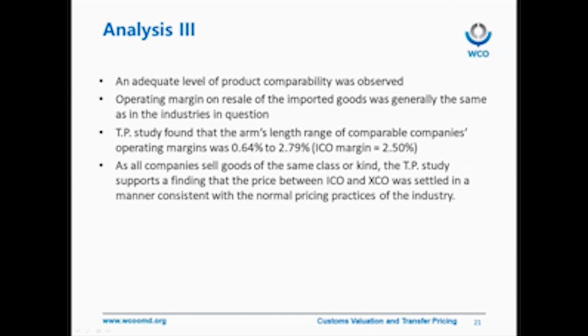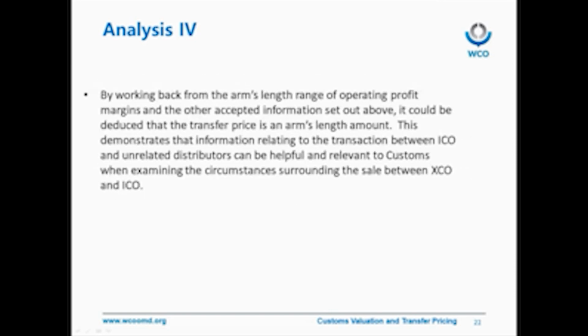So as all companies sell goods of the same class or kind, although they are not the same product, the TP studies are finding that the price between ICO and XCO was settled in a manner consistent with the normal pricing practice of the industry. This is the information customs find in the TP report.